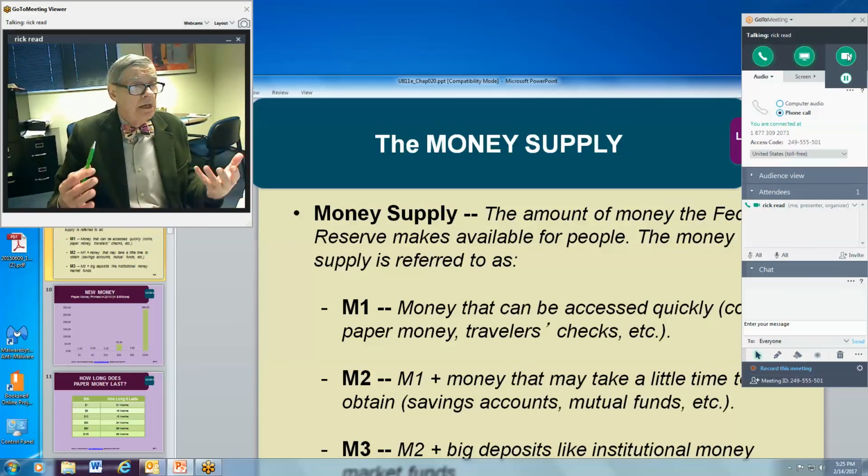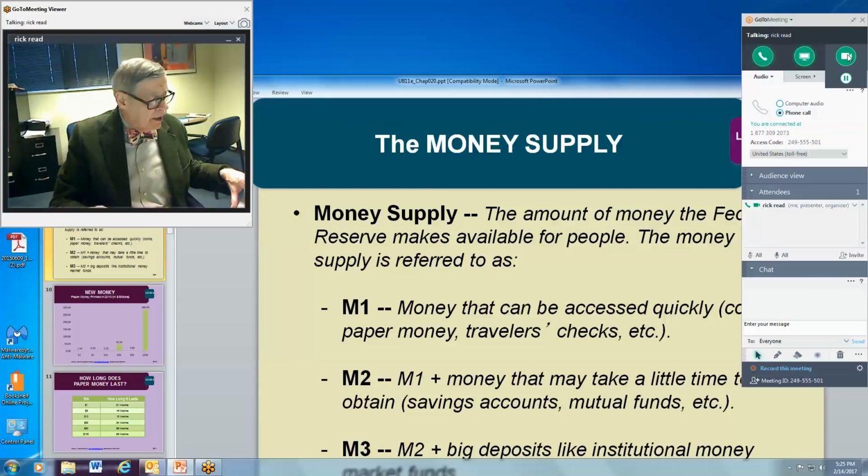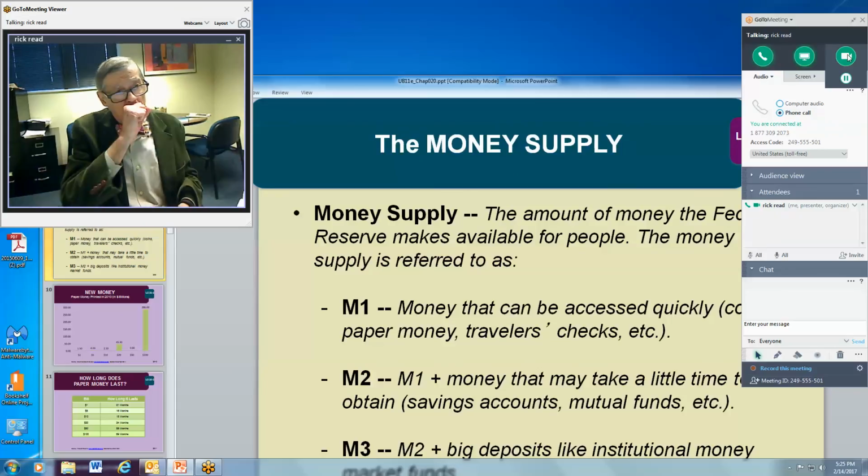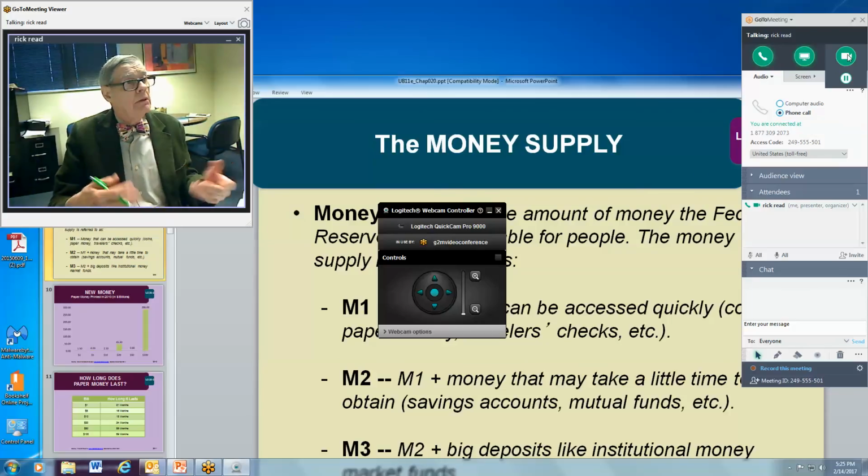What we deal with here now is the money supply. And this is the money that's made available by the Federal Reserve. M1, M2, and M3 money. M1 is money that can be gotten quickly. That is paper money, coins, and things like traveler's checks.